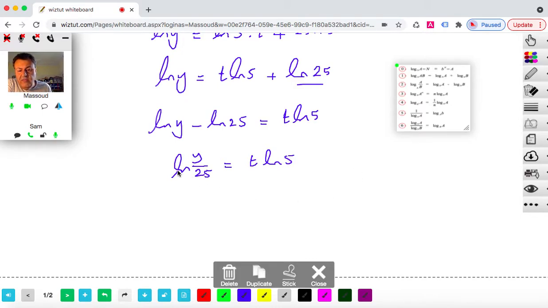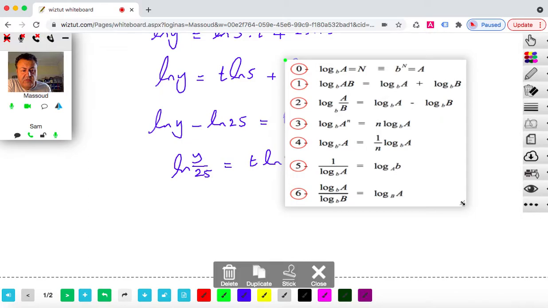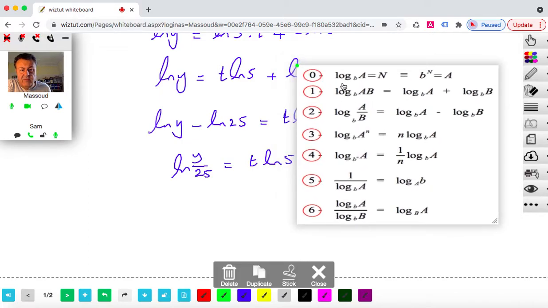So remember, log natural is actually a log to the base e. So we can now use this rule, which is the very origin of log, and that is that if you have a log of a certain base and that's equal to n, then you can write it as an exponential by saying that base to that power is equal to a.